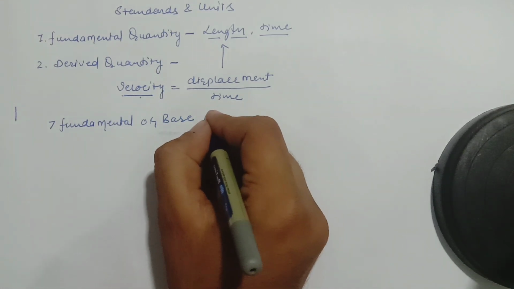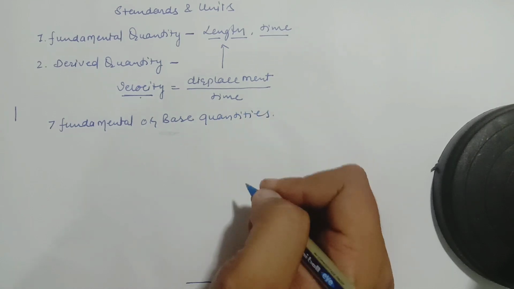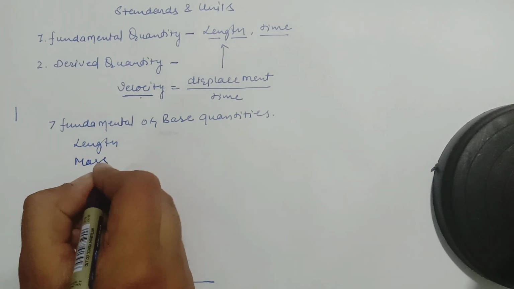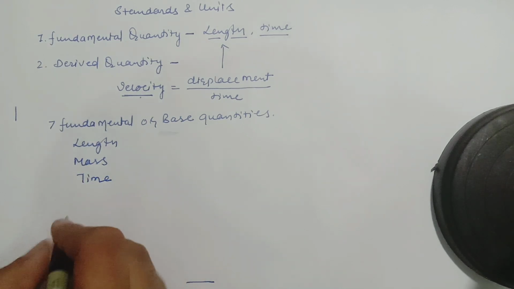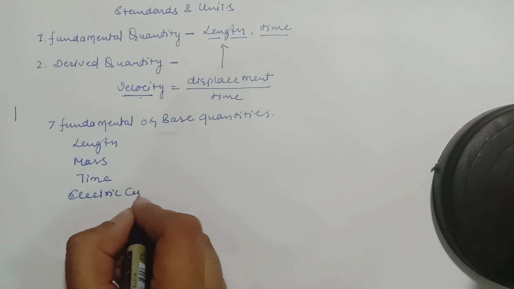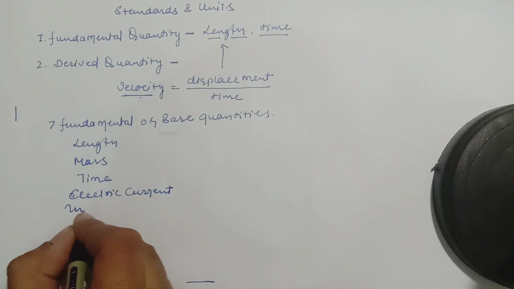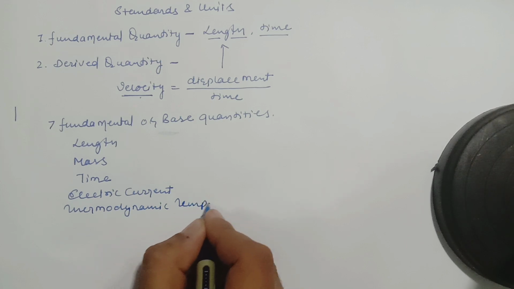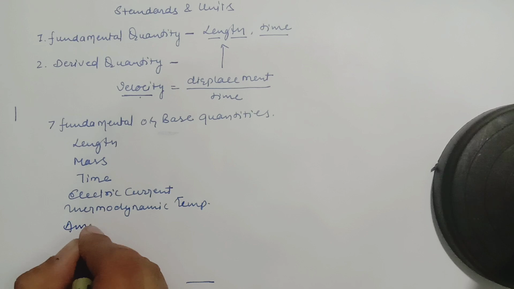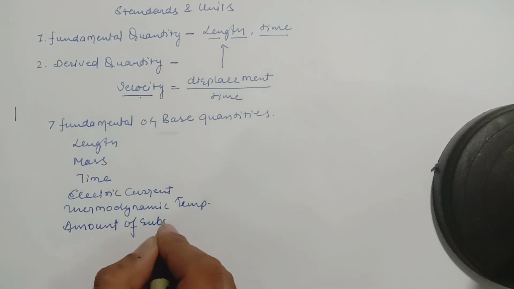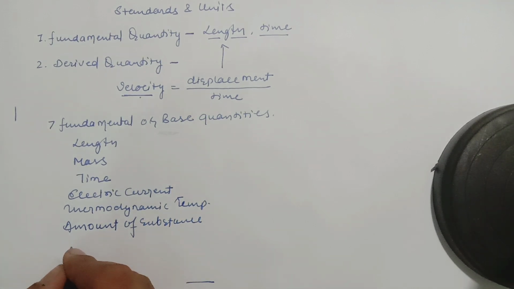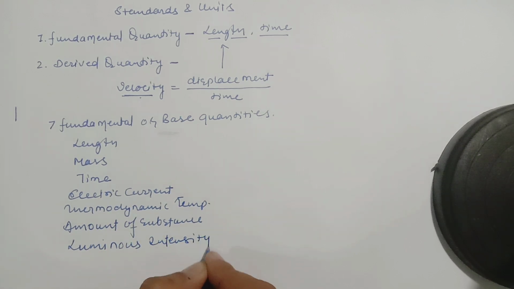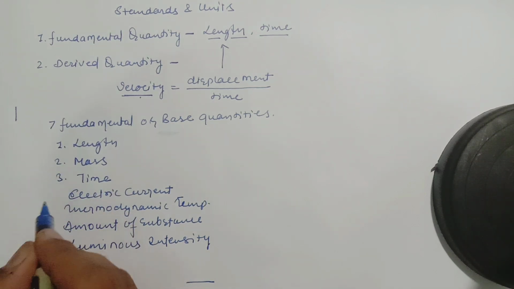Fundamental or base quantities, which are as follows: length, mass, time, electric current, thermodynamic temperature, amount of substance, and the last one is luminous intensity. These are the 7 fundamental base quantities.